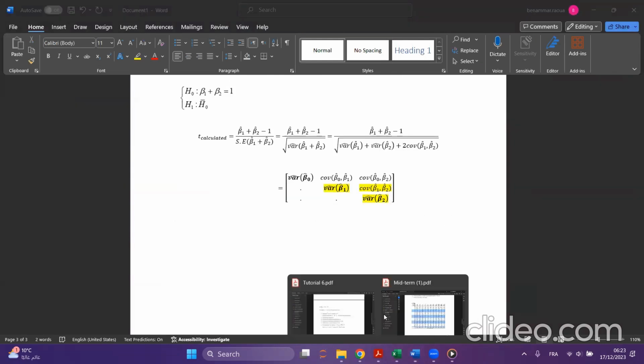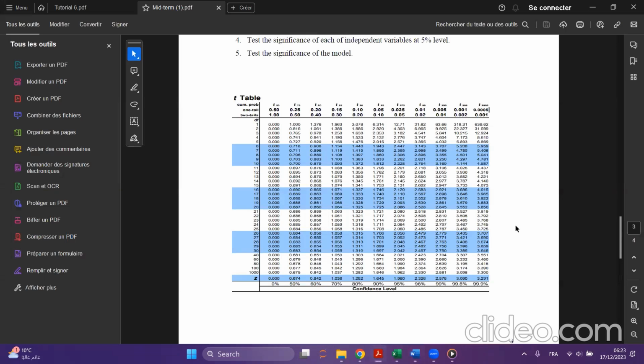We have our t table here. We have a two-tailed test, and our alpha is equal to 0.05. So it's here, and our degrees of freedom is 20. So it's 2.086.